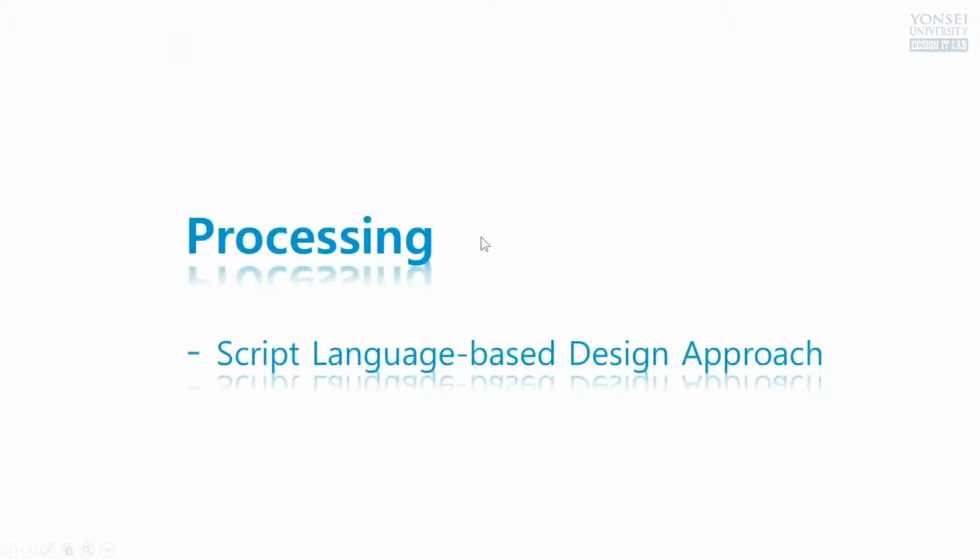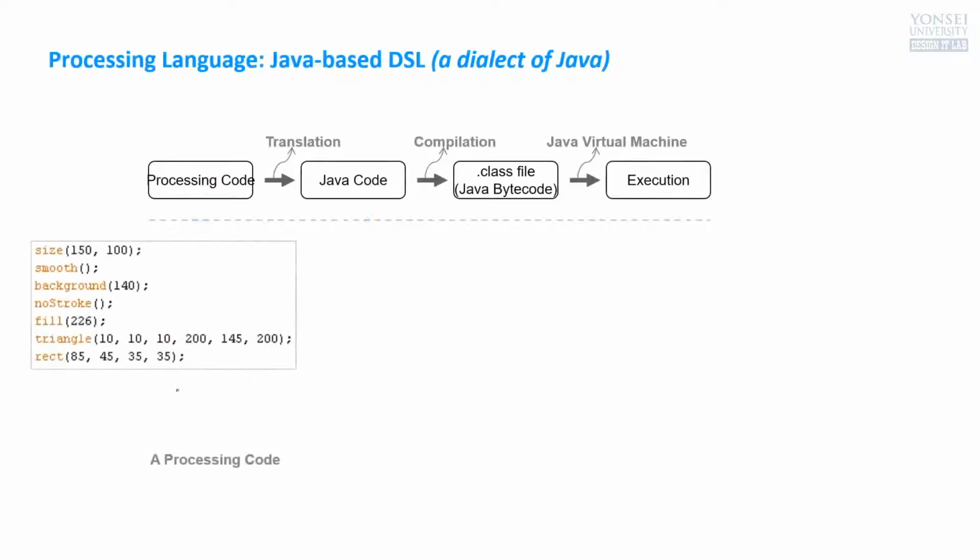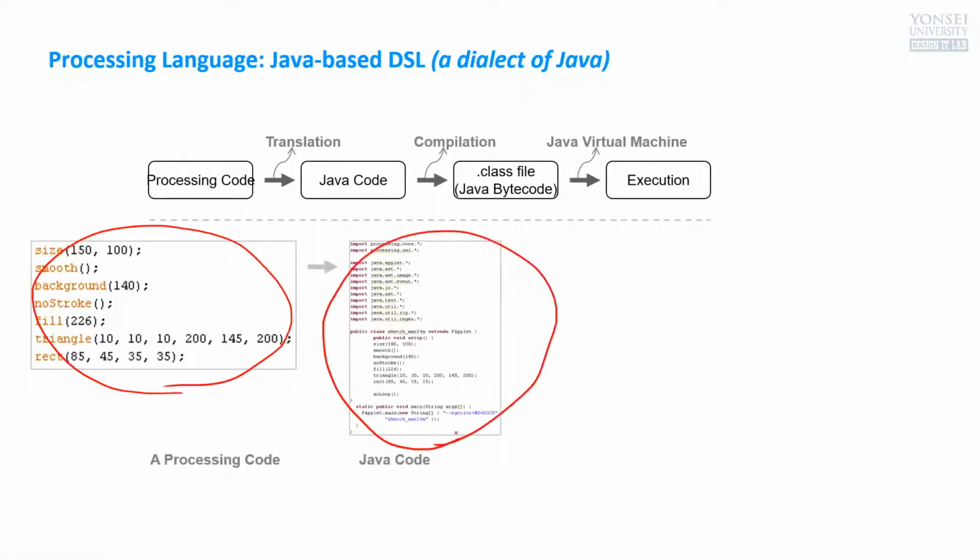Let's quickly take a look at one example. Processing. Actually, it is a script language based design approach, but this one has exactly the same syntax as Java or C#. Very close to Java or C#. As I showed you before, this is processing code, and this is Java code.